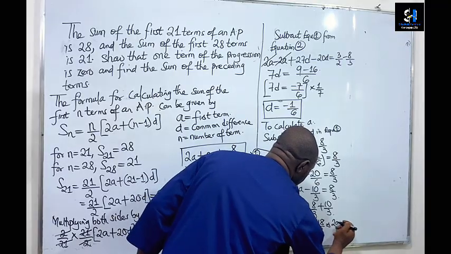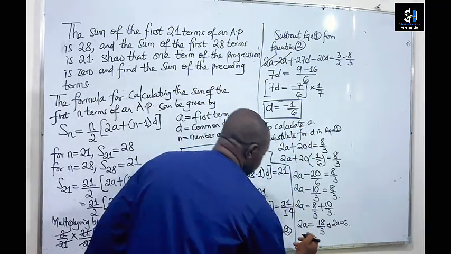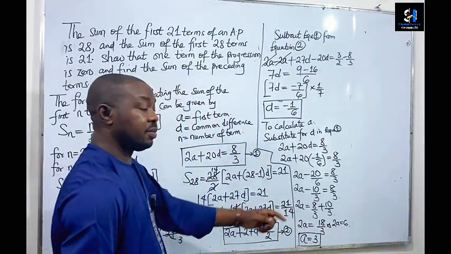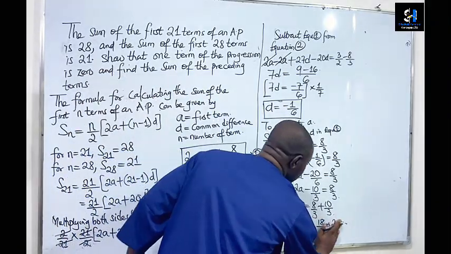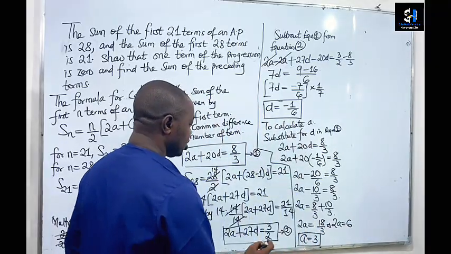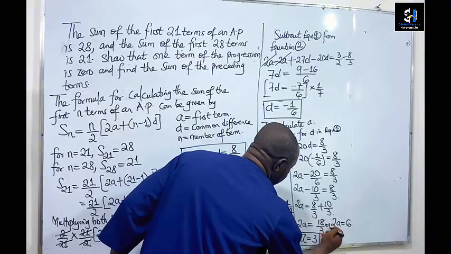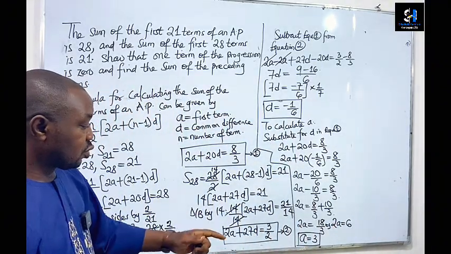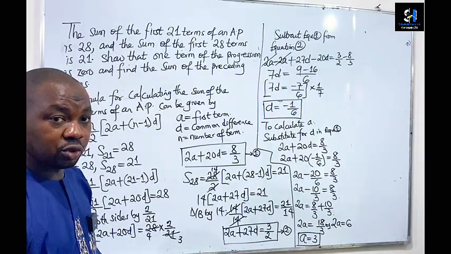So we have 2a equals 6. Then the value of a will be 3 if we divide both sides by 2.